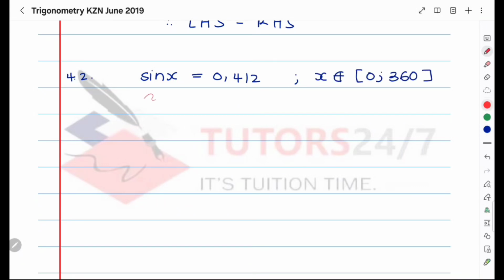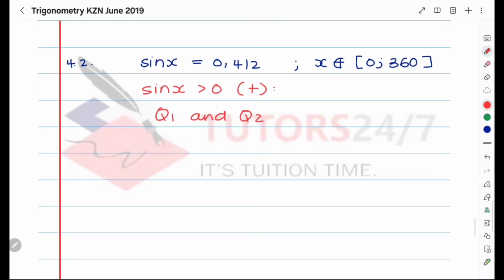So please take note that if sine x is greater than 0, meaning that it is positive, then our solutions are going to be in quadrant 1 and quadrant 2.